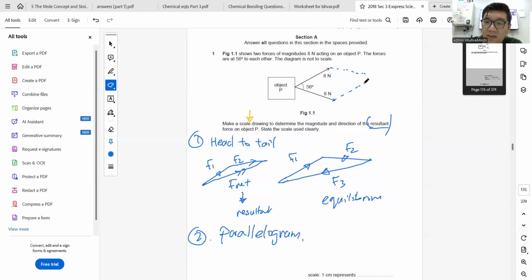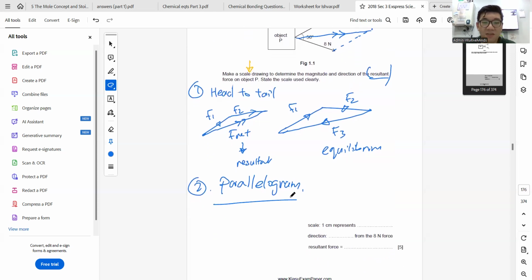Because if you draw some dotted lines here, you could actually sketch the scale vector diagram inside. So it will look something like that. So look for patterns, something that looks familiar to how a parallelogram looks, and that could be what you should be choosing between these two methods.